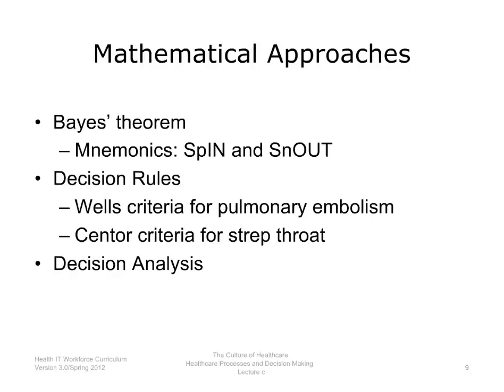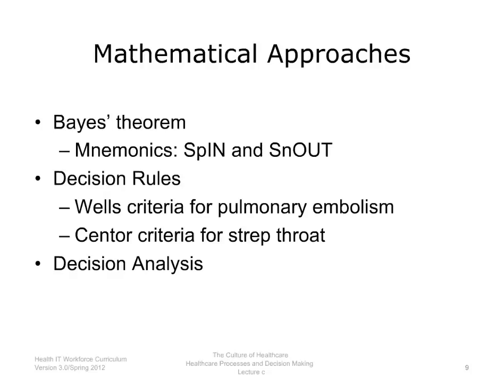Mathematical approaches are also used to derive decision rules for determining the likelihood of conditions. An example is the use of Wells criteria for determining the likelihood of a pulmonary embolus or blood clot. Many clinicians use pocket calculators or online calculators to determine the Wells score to help them decide whether to do further testing for pulmonary embolus.